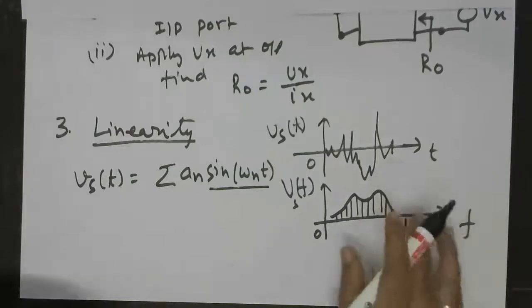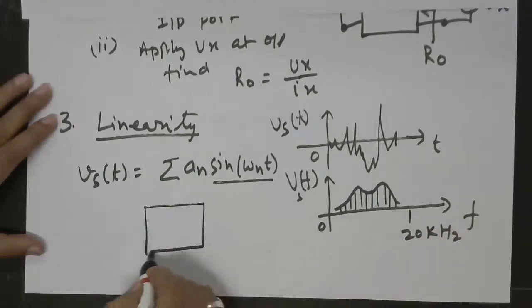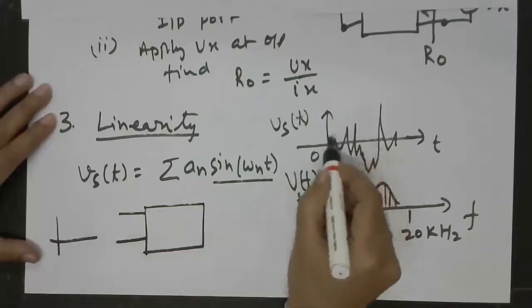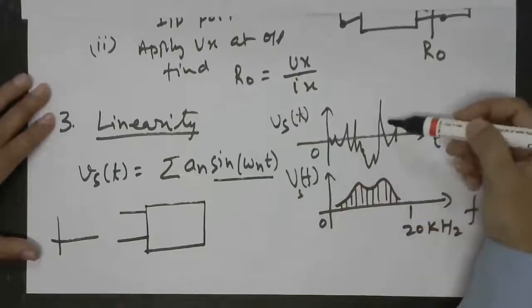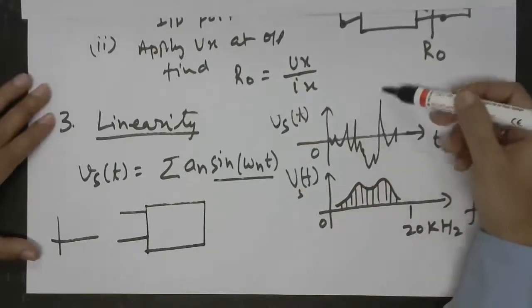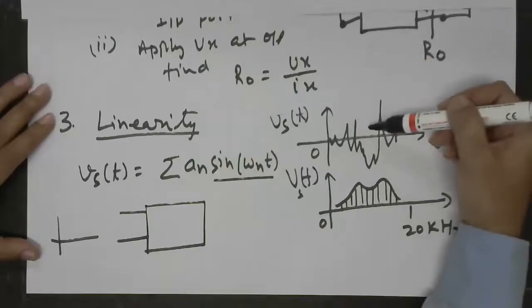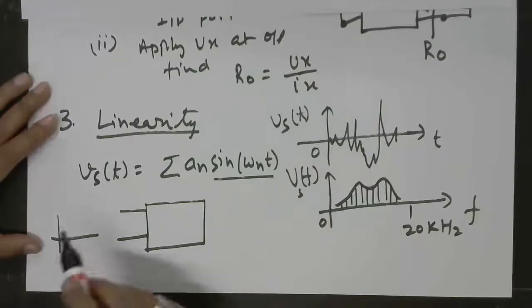So if I want to amplify this signal, say we now have an amplifier which is being fed by this signal, on the output side we will get exactly the same shape but larger values. Each of these values will be, say, 10 times more than what they were on the input side, right?